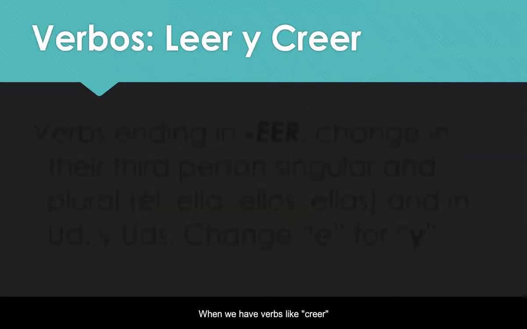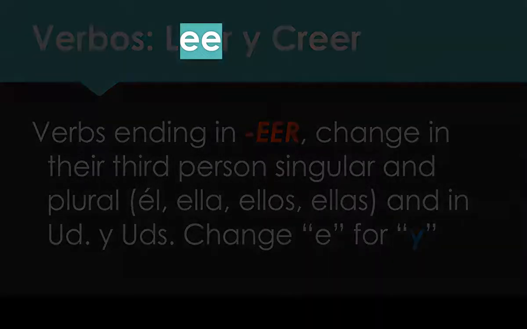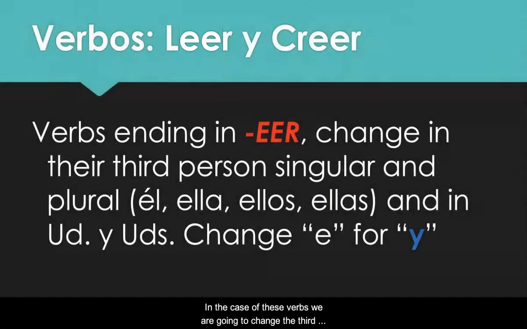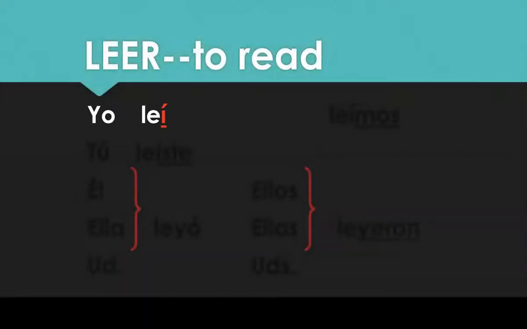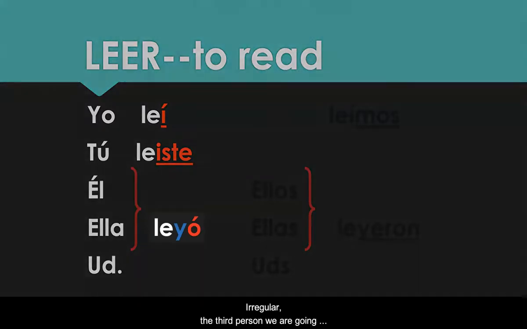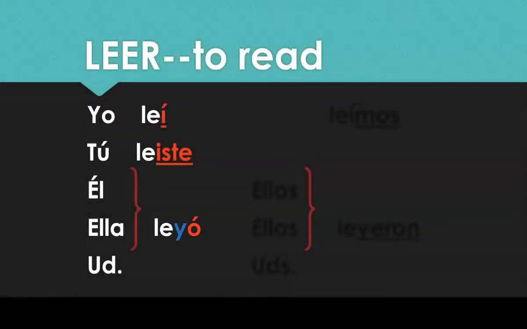When we have verbs like creer or leer, we have a double E verb. In the case of these verbs, we are going to change the third person singular and plural, including usted and ustedes, to a Y. Let's take a look. Leer. Leí, leíste, and when we get to the irregular, the third person, we are going to change it to leyó.